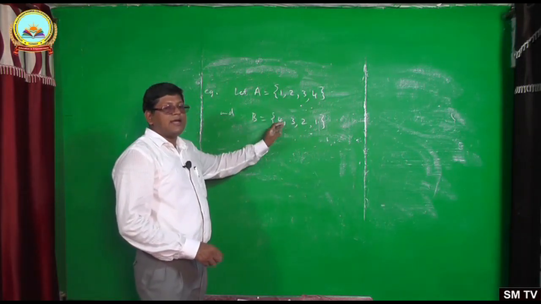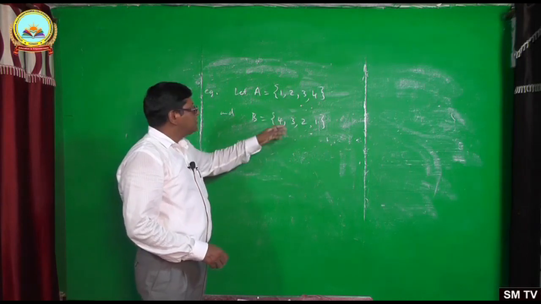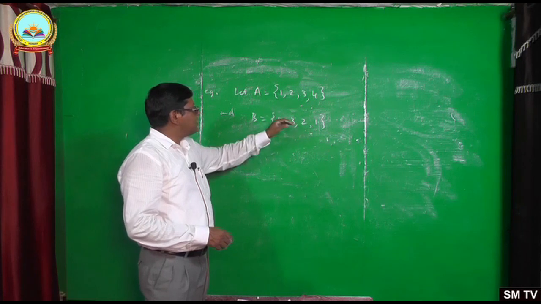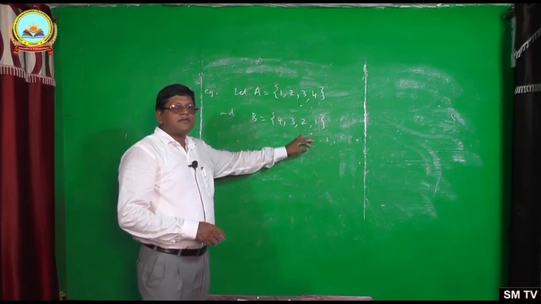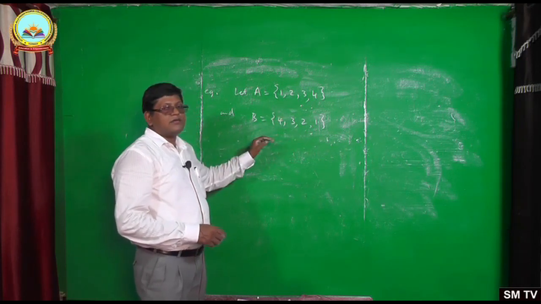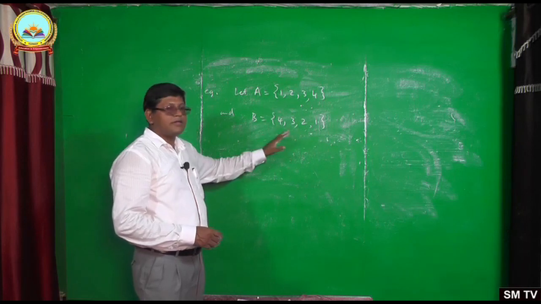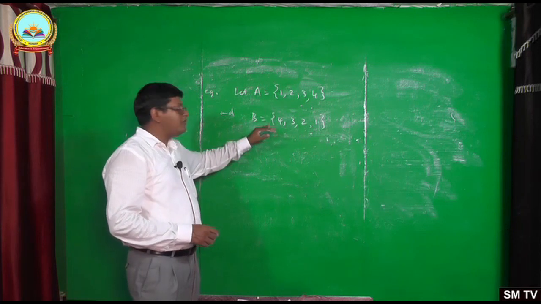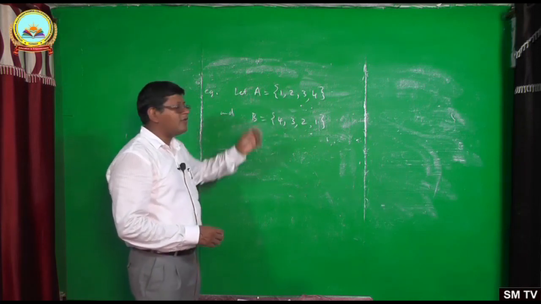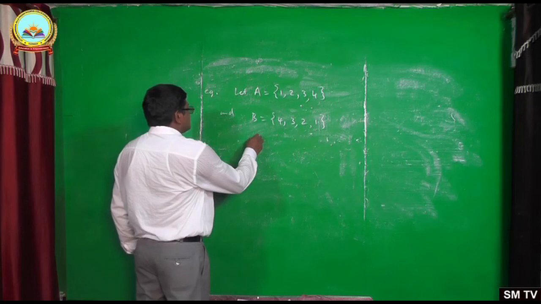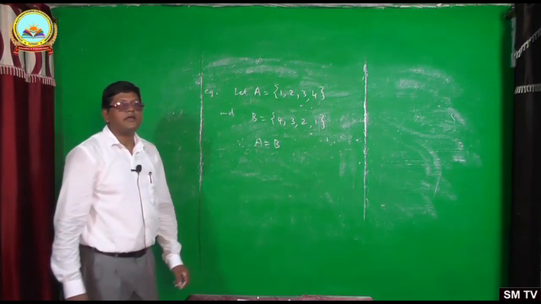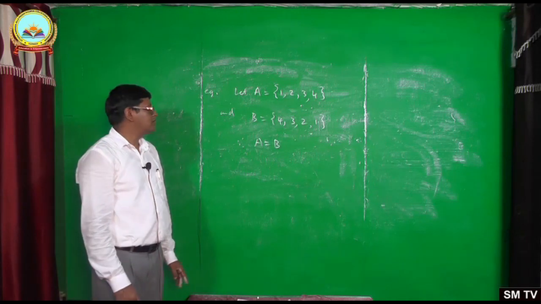Both have exactly the same elements, whatever may be the order of the elements. We can write the elements of a set in any order. Order is immaterial. So clearly every element of A is also an element of B, and every element of B is also an element of A. Therefore, in this case, A is equal to B.